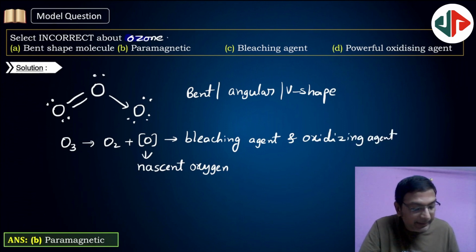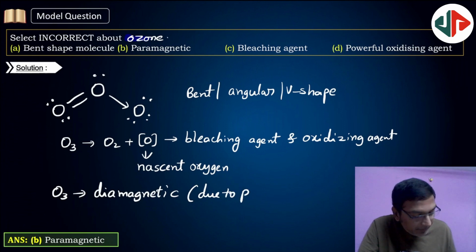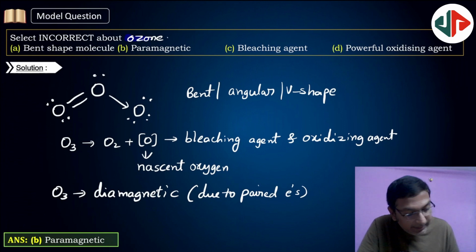A is correct, C is correct and D is correct. So paramagnetic is wrong. O3 is diamagnetic. All are paired electrons. If all are paired electrons, O3 will be diamagnetic. Therefore, option B is incorrect.